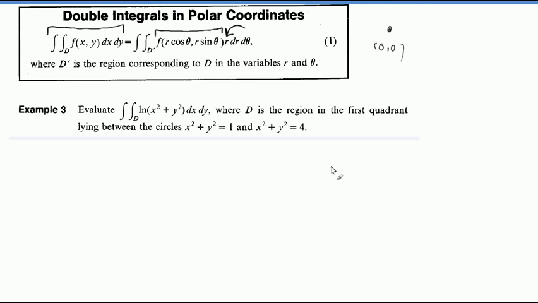Evaluate the double integral over the region D of log(x squared plus y squared), and D is described like that. First part of the second exercise: go and sketch this region and come up with the inequalities for r and theta. And it's actually a rectangular region. So sketch the region.